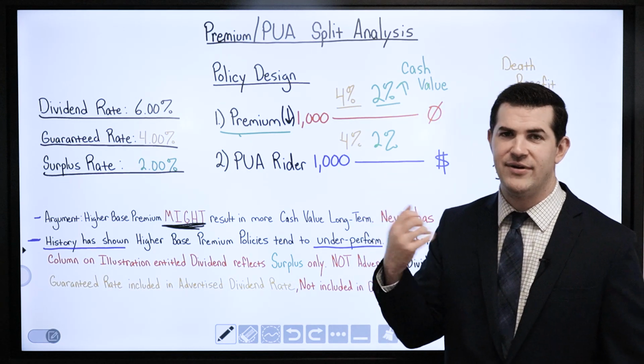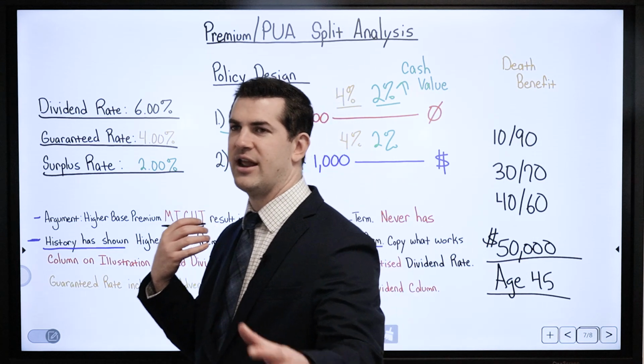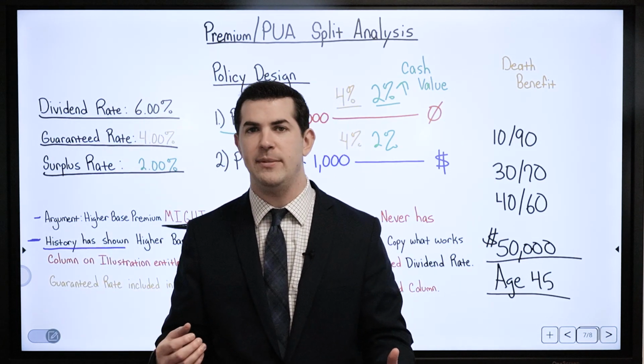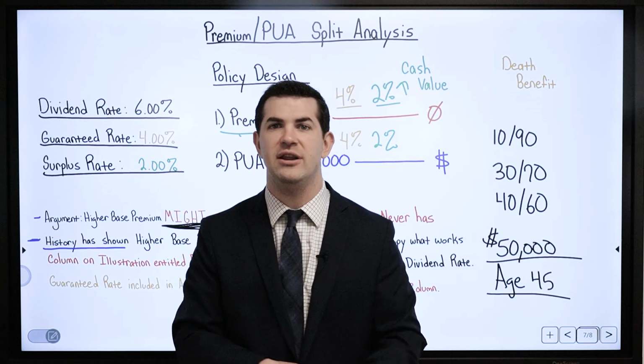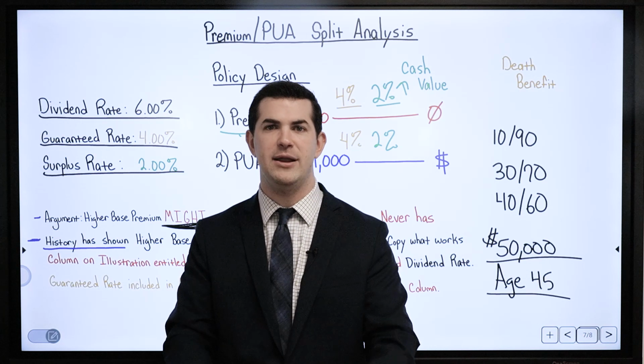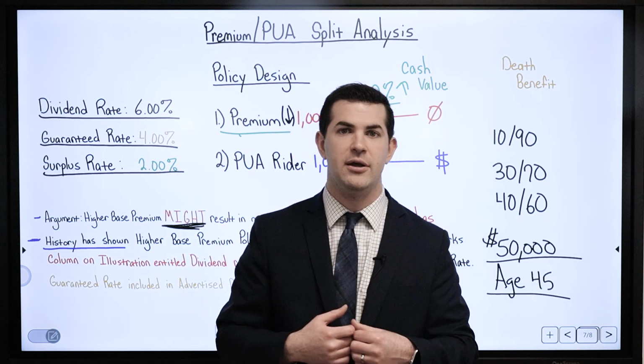Think about it. If I'm the insurance company and you're the agent and you design a policy where it's a 100% base premium, your compensation is maximized, the client's cash value is minimized, especially up front. I pay you a big commission as the insurance company.